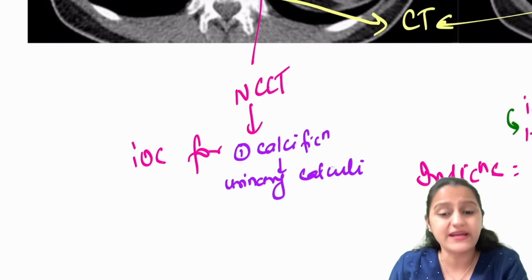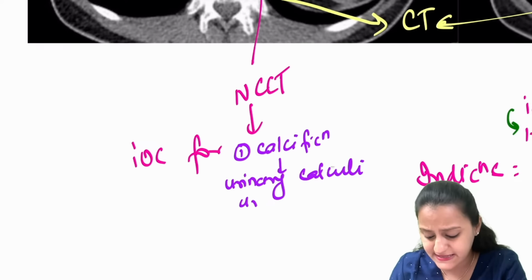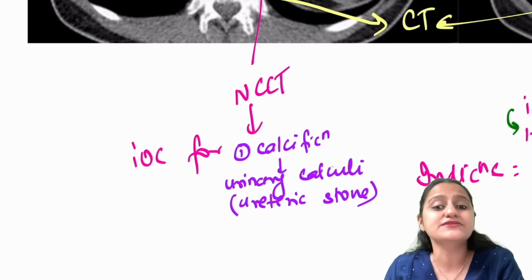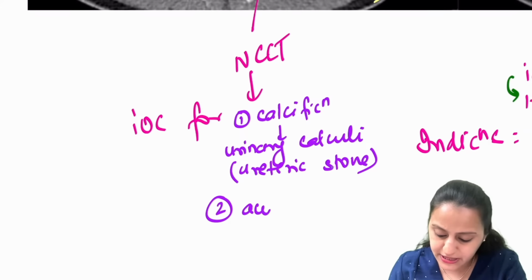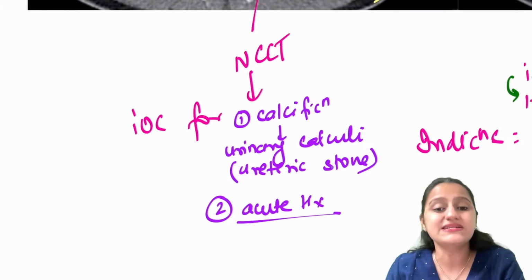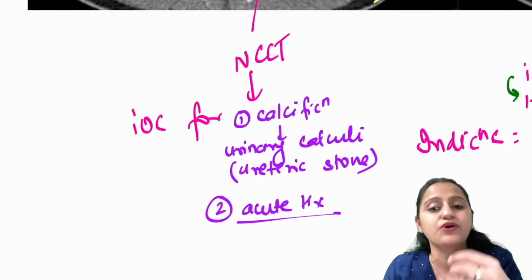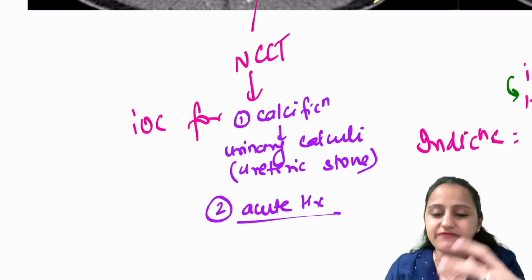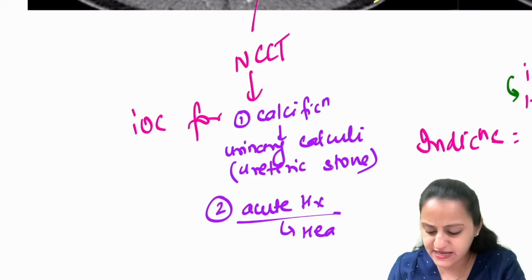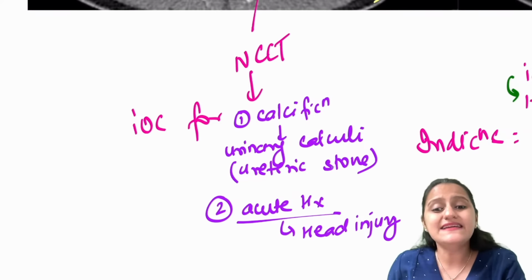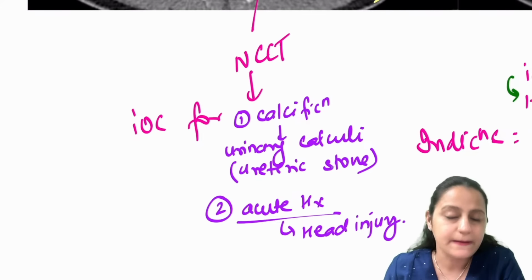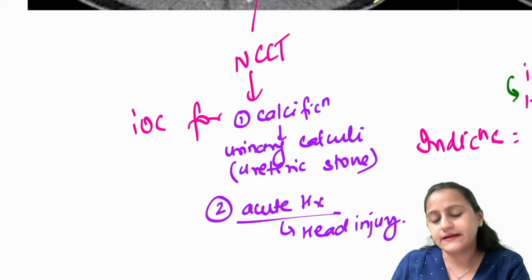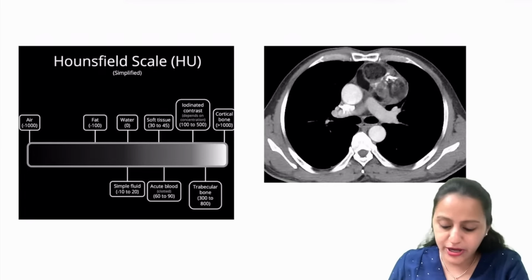For example, very frequently asked in the exam, for ureteric calculus, non-contrast CT is the investigation of choice. Acute hemorrhage is something else which is hyperdense, white on non-contrast CT. So calcification, acute hemorrhage. So let's say in a patient of head injury, the first investigation that you do is non-contrast CT. Okay, correct.